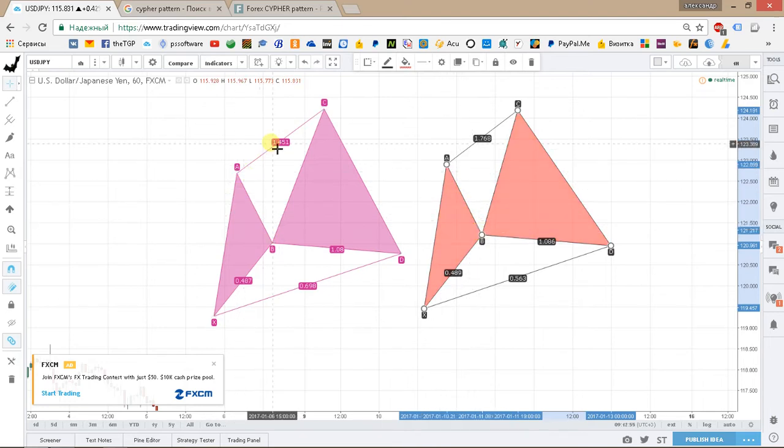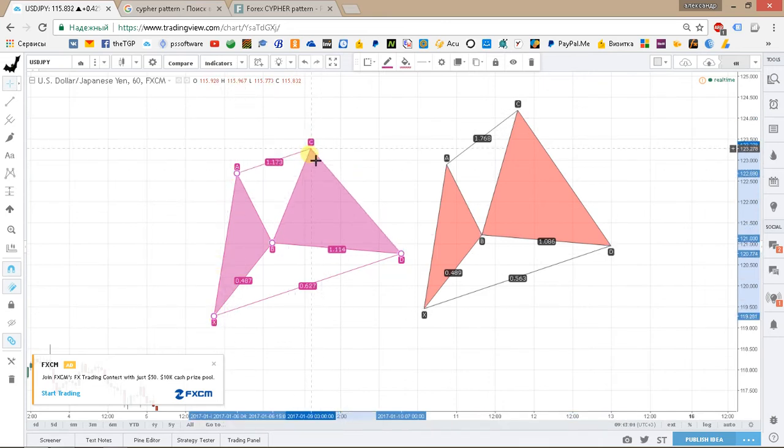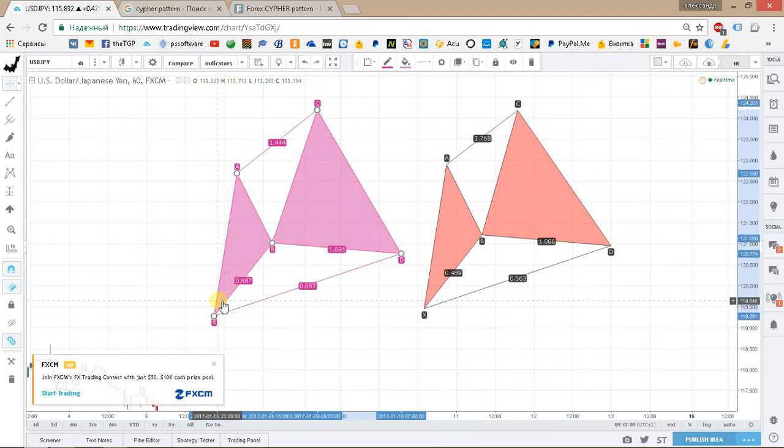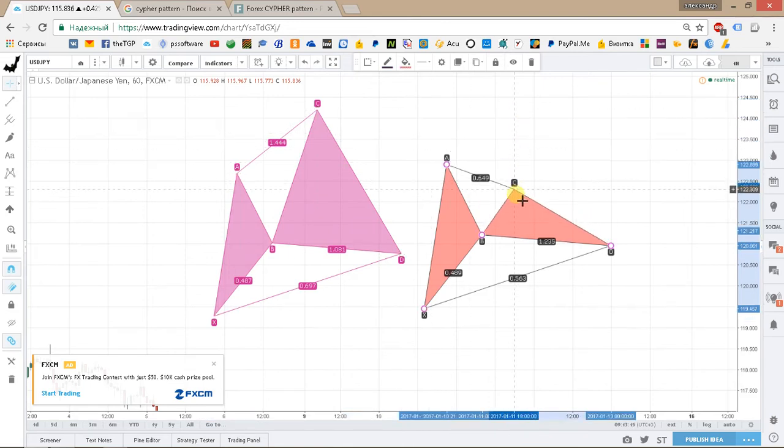But in this case, this one calculates the extension of XA. If it is lower, it is a correction of XA leg, and if it goes past X, of course it is an extension of XA, and this one is an extension of AB, not XA, AB.